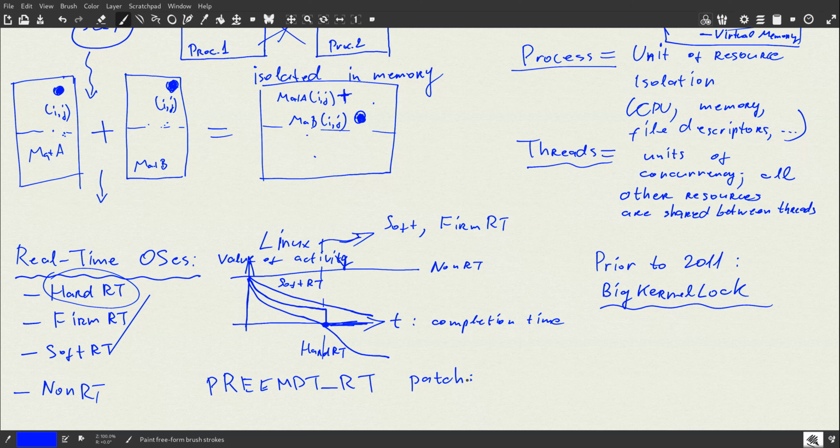Most likely it was just the natural complexity of this patch incorporation, but I really hope that this year we'll see its full integration. For the moment, if you want a fully real-time Linux, you need to install this preempt-RT patch separately and amend the kernel, and then recompile the kernel. So once again, this is the reason why you really need to be able to recompile the Linux kernel.